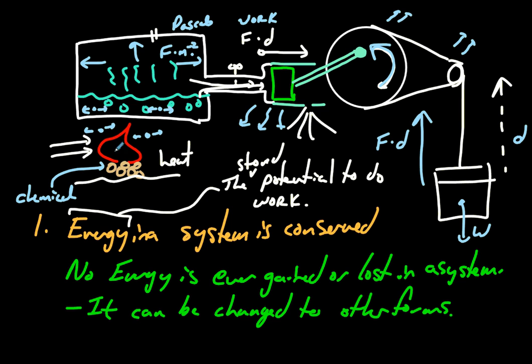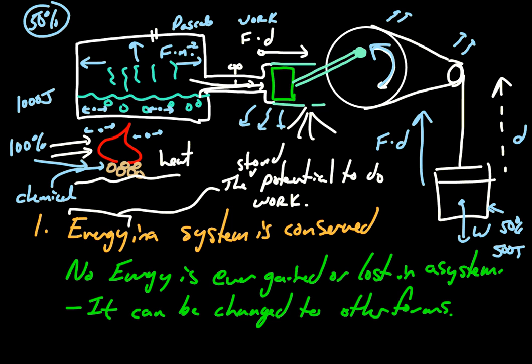So efficiency would be, if we have 100% in the coal, how much actually comes out the other end? Maybe in this system, like 50%. We would say that if there was 1,000 joules of energy used here, we might get 500 joules of work over here. So this would be a 50% efficient machine.